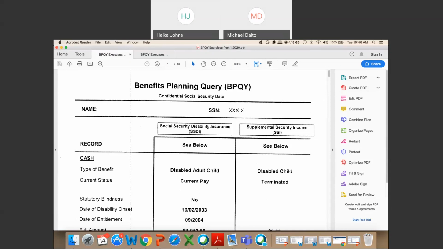Social Security Disability Insurance, SSDI, will include SSDI on the individual's own earnings record, as well as a childhood disability benefit, which the BPQY refers to as a disabled adult child or DAC benefit, or a disabled widow's or widower's benefit. And the next column, Supplemental Security Income or SSI.